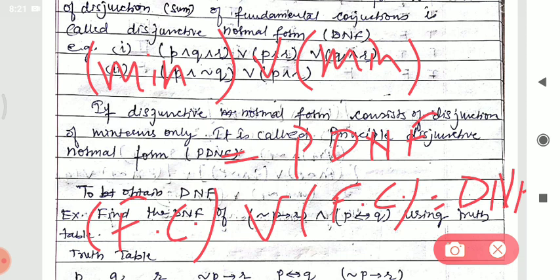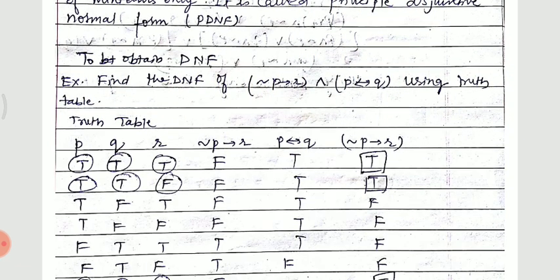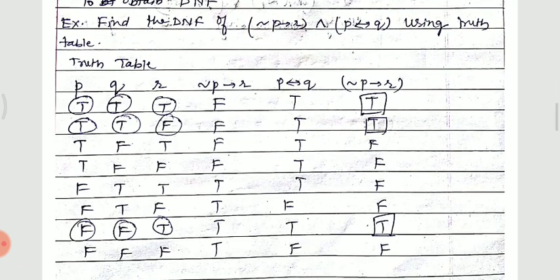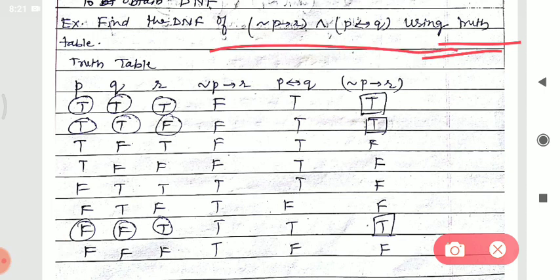It's a very important thing, you don't have to take any specific step for PDNF, you have to go with DNF. Now one example is given, and I am telling the procedure to find DNF is through a truth table. I'm using a truth table because it's much easier for you. Now one example, we are finding DNF of this expression.